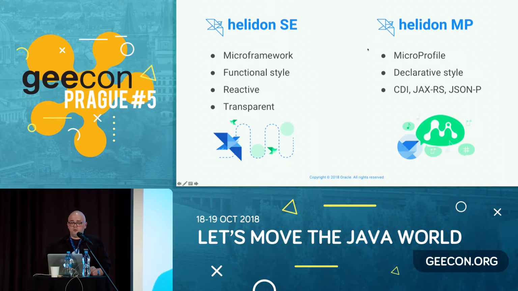So two flavors of Helidon, with slightly different development experience. Innovation is in Helidon SE, and standards, I would say specification, because MicroProfile is not really a standard, it's a specification. It may become a standard in future when it joins Jakarta EE. So this is where we support standards, we are standards friendly.